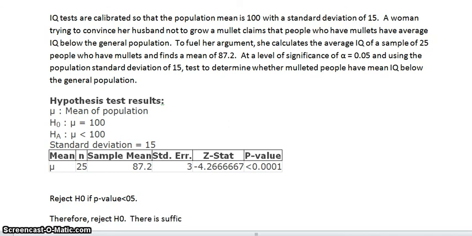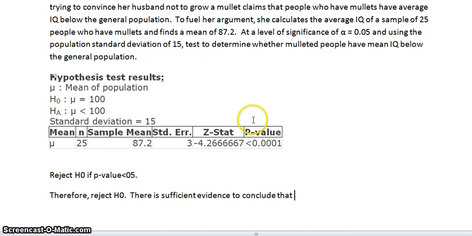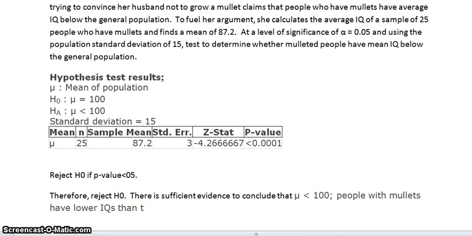There is sufficient evidence to conclude that mu is less than 100. In other words, that people with mullets have lower IQs than the general population.